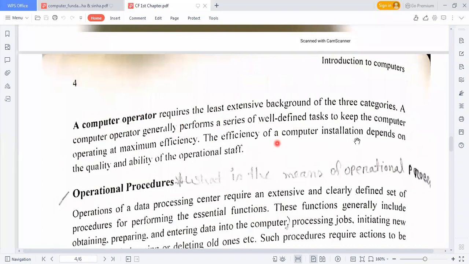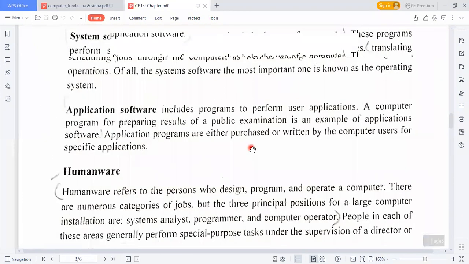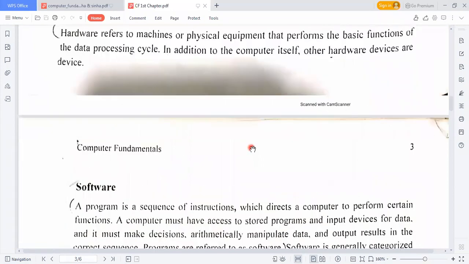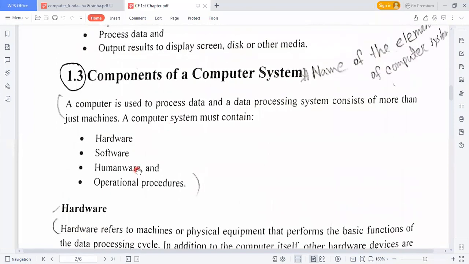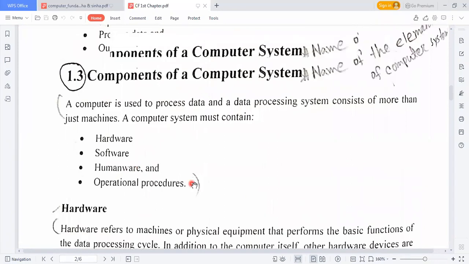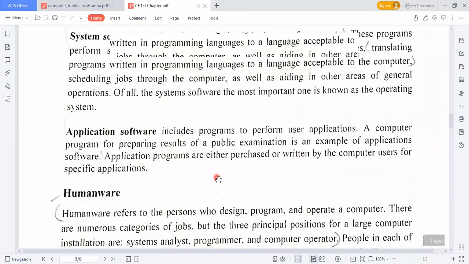The efficiency of a program installation depends on the quality and ability of the operational staff. So these four parts, hardware, software, human error, and operational procedure, are the main components of a computer system.